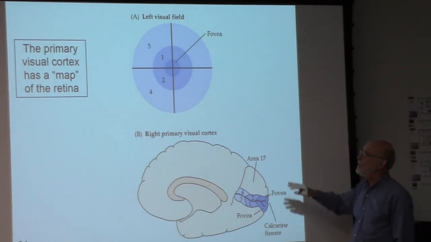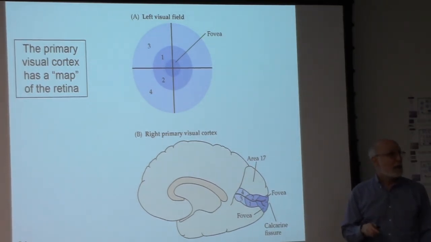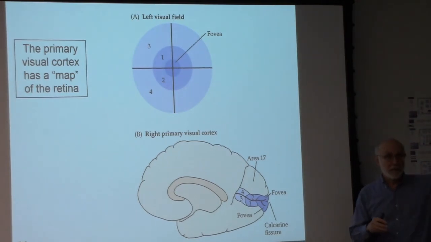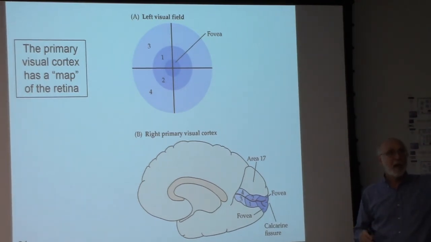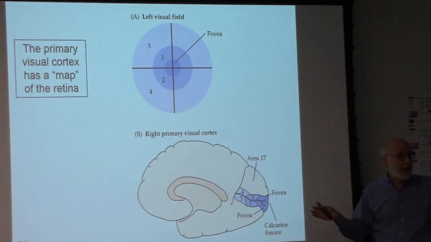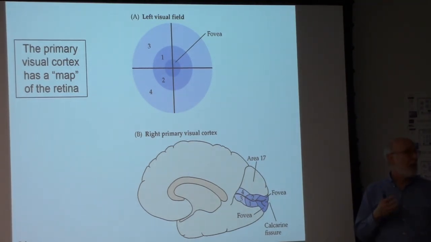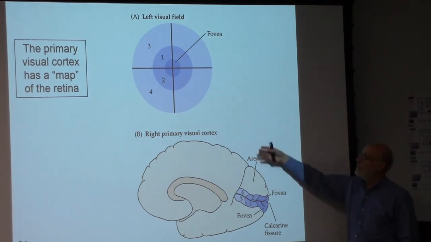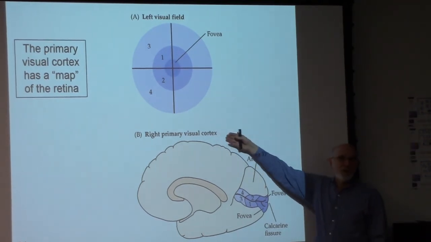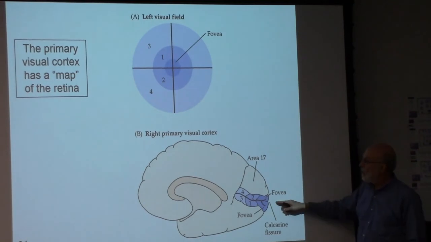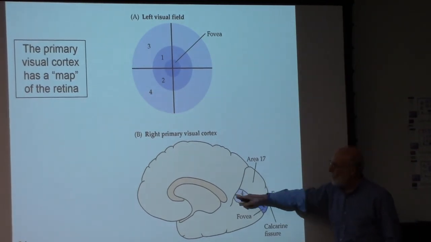Let's focus on the left visual field, which is going to be processed in which hemisphere of the brain? This left visual field is being processed in the right side. It went to the right thalamus, lateral geniculate nucleus, and it went to the right hemisphere, occipital lobe. So this is the right visual cortex, occipital lobe, calcarine fissure.